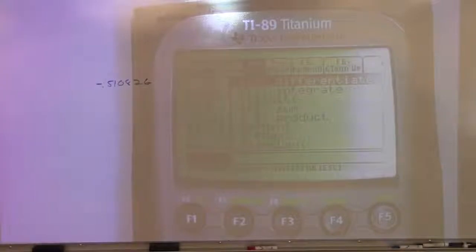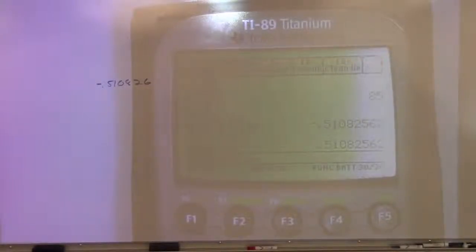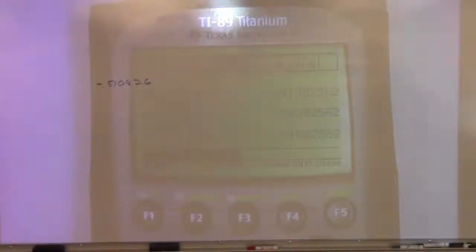F3, second one is to integrate. I'm going to type in 1 divided by x, then do a comma. x is my variable of integration, comma, from 1 comma to 0.6, parenthesis. And there it is. I hope you guys can try that on your own, and I'll be happy to make another video if you have more questions about that.